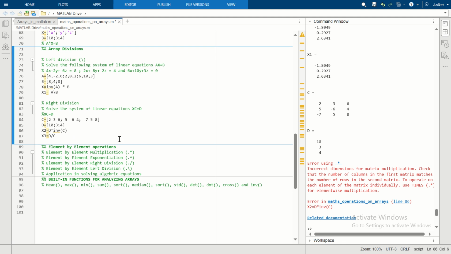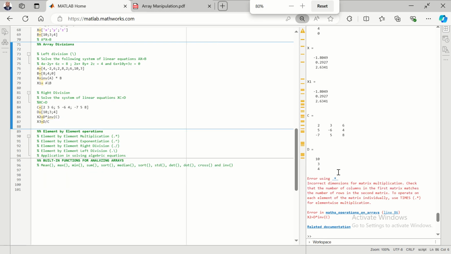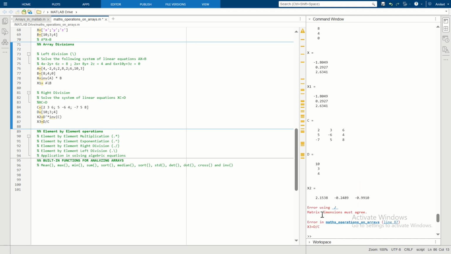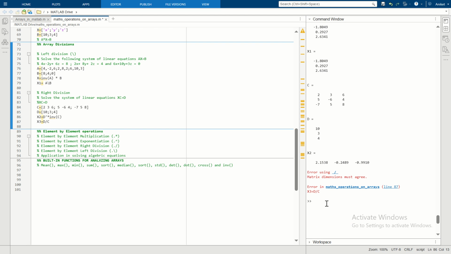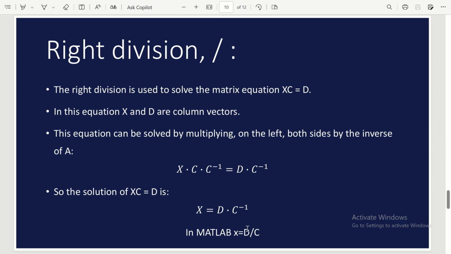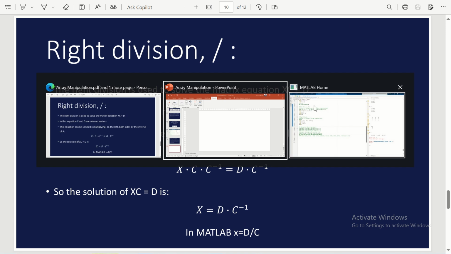So what's the problem? Incorrect dimension matrix multiplication. Oh, so for d we have to use this thing, and here also we have d by c, that's correct.